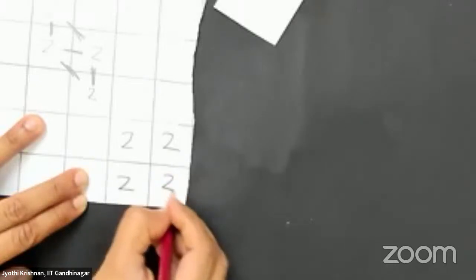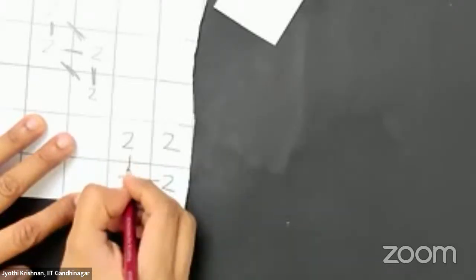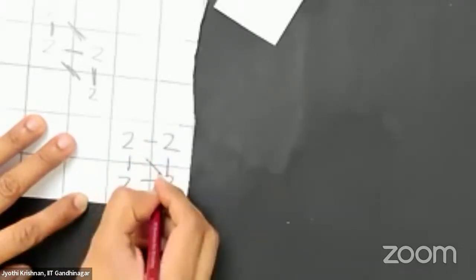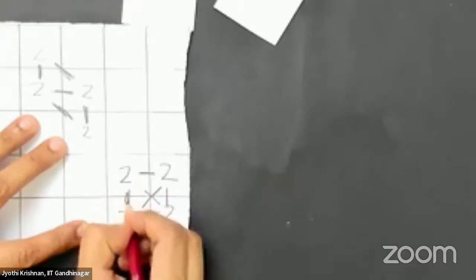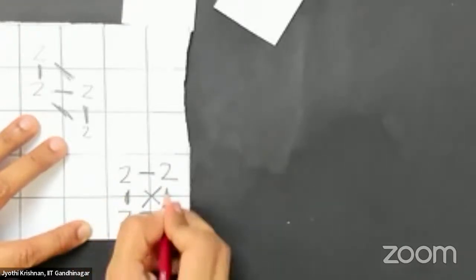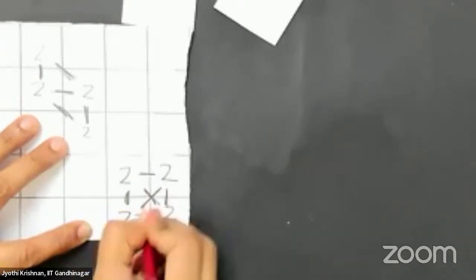But if I put the numbers like this, now how many lines do I have? Now I have 1, 2, 3, 4, 5, 6. So if I change this board, I can get 2 more points.